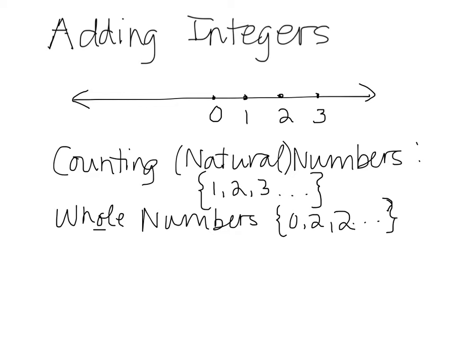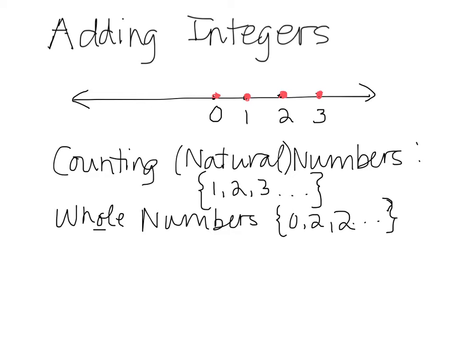Notice that the whole numbers are these numbers that are right on the notch. They're not the numbers in between. Whole. They're the whole thing. If I were thinking about pizzas, the whole pizza, 2 whole pizzas, 3 whole pizzas. That's what makes them whole numbers.